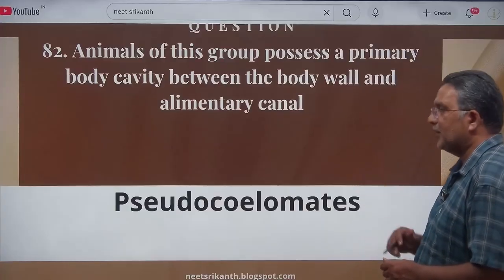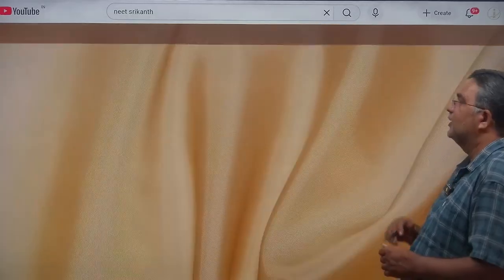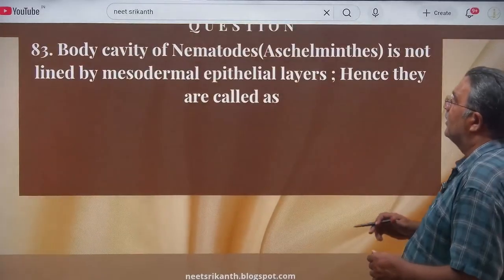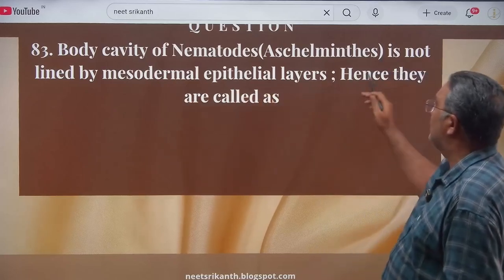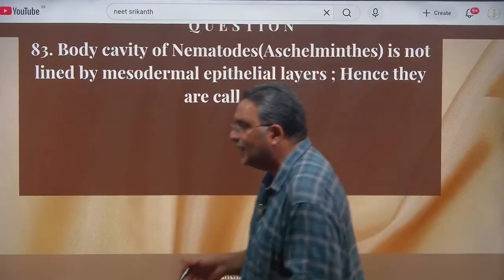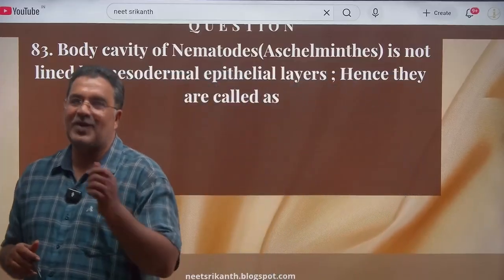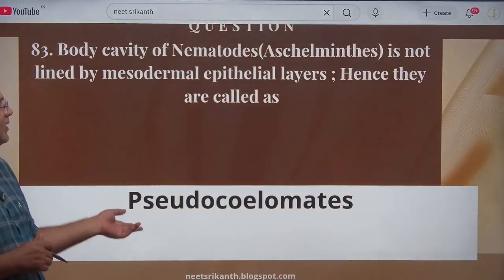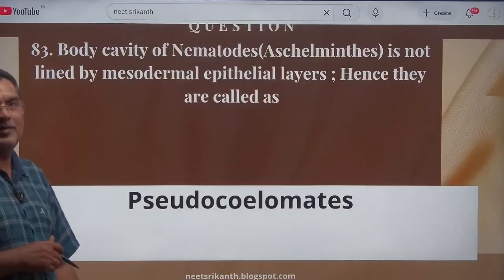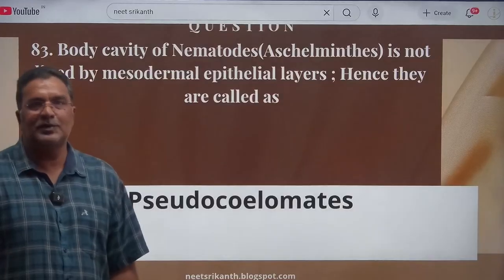They are saying only primary body cavity, that will be pseudocoelom. The body cavity of nematodes is not lined by a mesodermal epithelial layer, hence they are called primary body cavity. The reason is they are not lined by mesoderm, so we call it pseudocoelom.